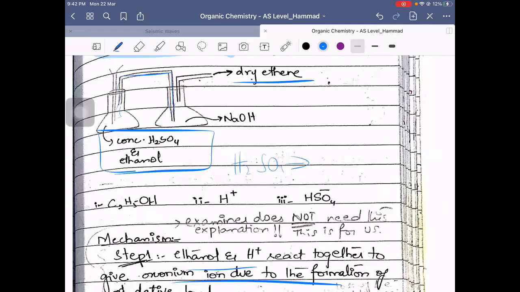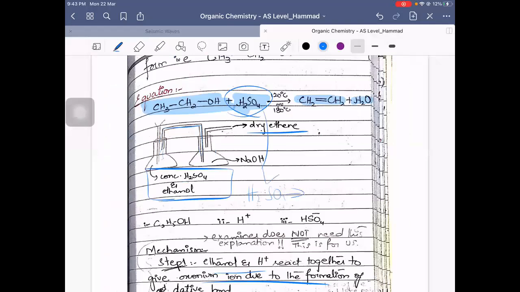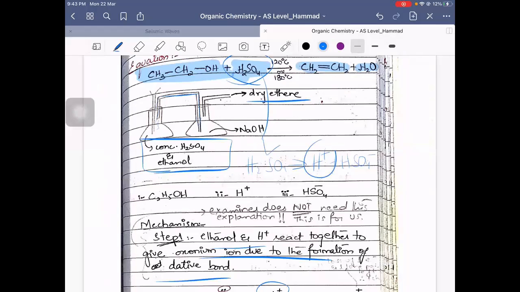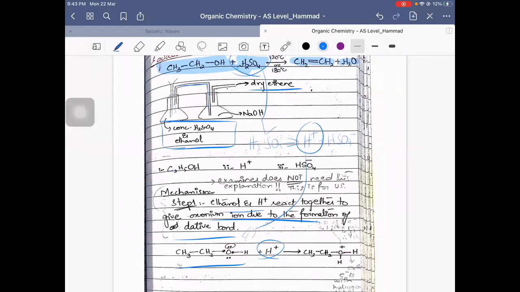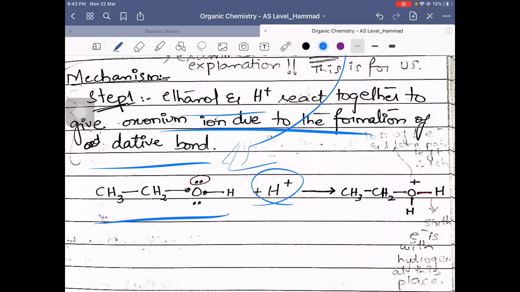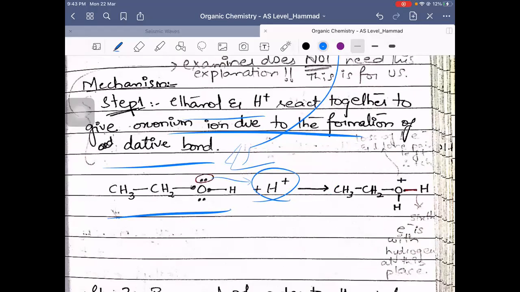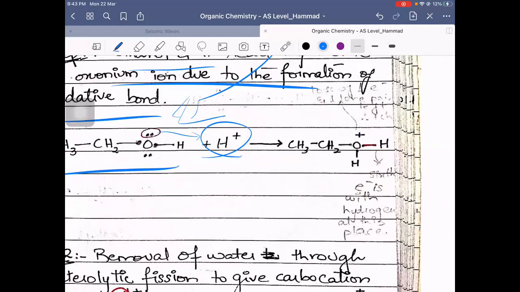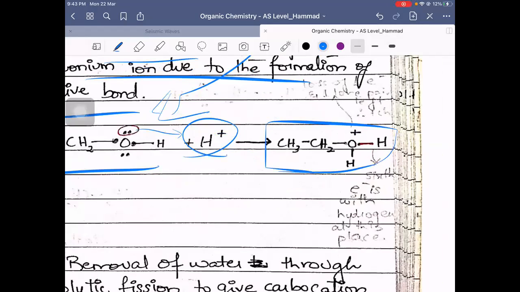Right, because you are using H2SO4 as a reagent, when it breaks down, it will give you these two ions, right? This H+ reacts with ethanol. Ethanol has an OH group. The oxygen in OH has a lone pair of electrons which will attack the H+ ion, therefore forming the oxonium ion, which is unstable.